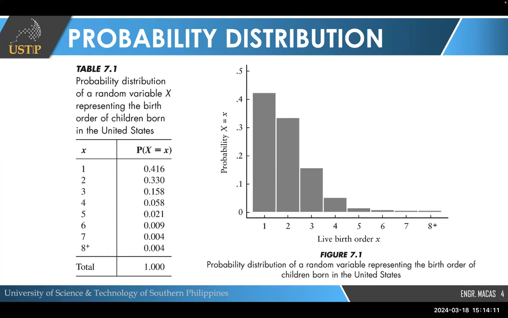The first column here, which is X, represents the birth order: firstborn, secondborn, thirdborn, fourth, and so on. So what is the probability in this population that a child is firstborn? The probability is 0.416, which is fairly high. Imagine, in the US, you pick a random child. What is the probability that your randomly chosen child is the firstborn of their parents?